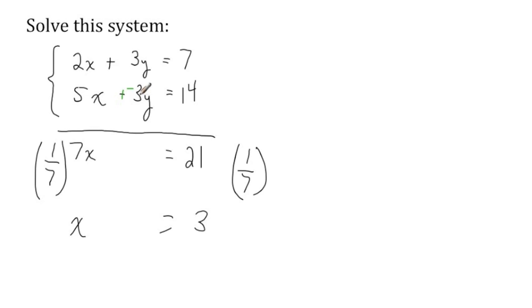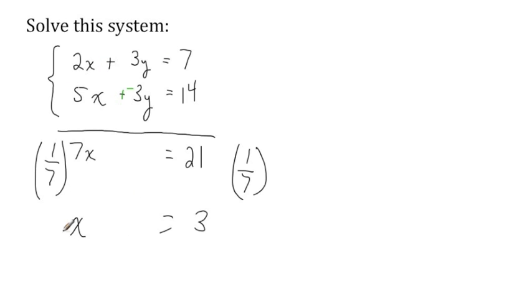It doesn't matter which one you substitute into, because when you substitute x into the first one, you're going to get the same thing that you will get when you substitute x into the second one. So let's pick whichever one looks easier to work with. The first one appears to have smaller numbers, whereas the second one has larger numbers and a negative sign in it. So the first one looks easier, so I'm going to use the first one.